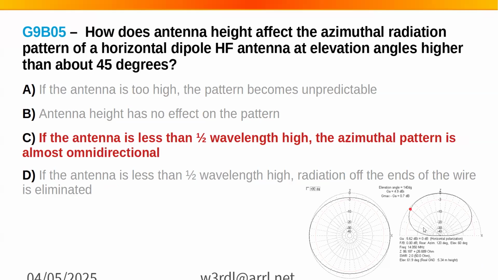And if you look down here, where this red dot is, that's the 45-degree angle. If you sliced it at that point, you're going to see that almost circular pattern. They just threw that in to confuse you so that you'd miss one.